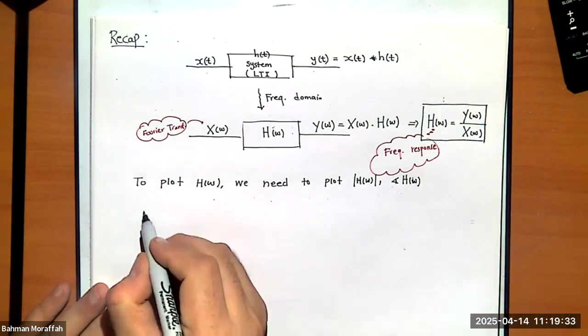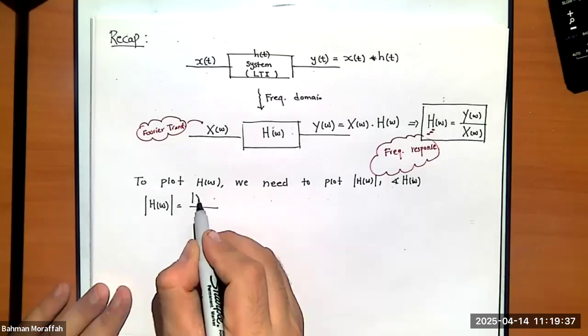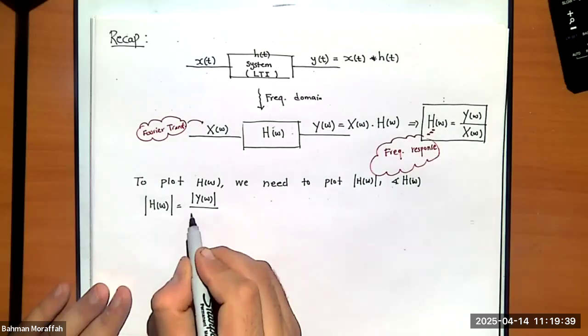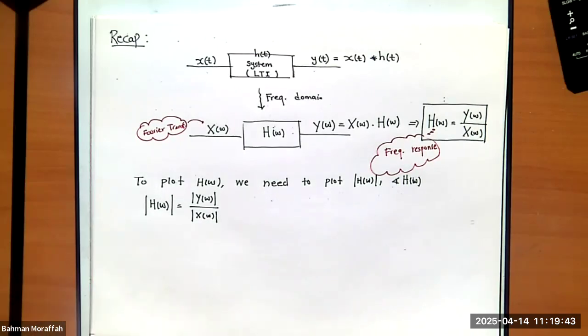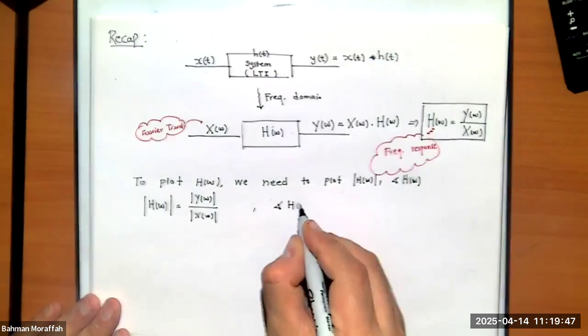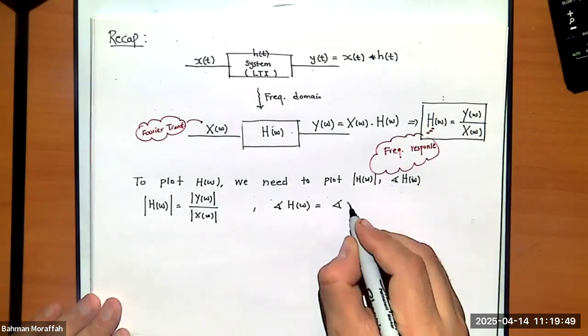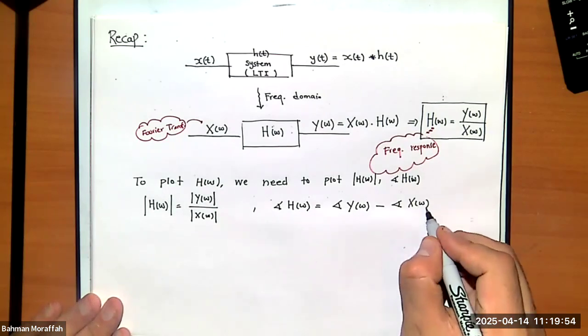Since this is a ratio, the magnitude of H of omega is the magnitude of output over the magnitude of input. And the phase of H of omega is the phase of output minus the phase of input.